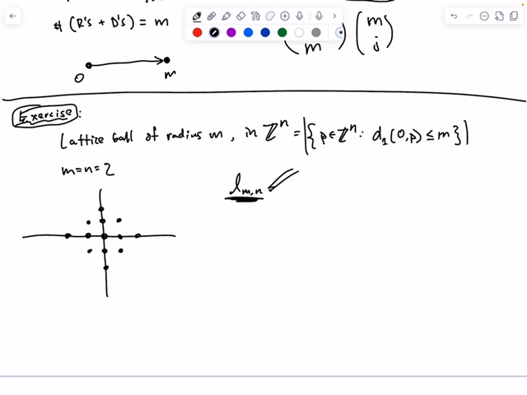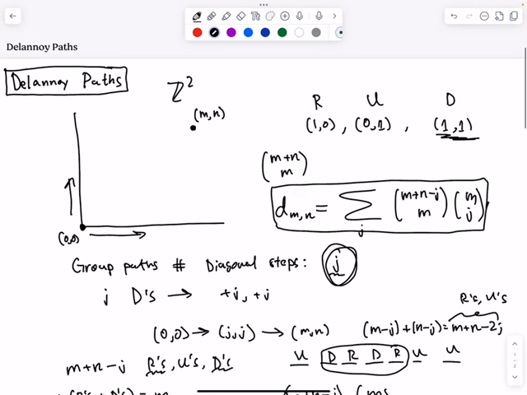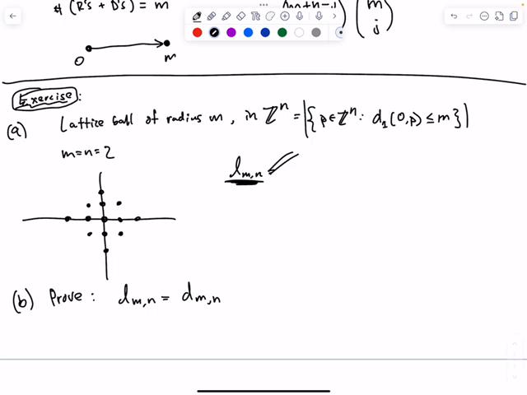Once you think you have a formula for that, there's a follow-up exercise. That's part A. Part B is to prove that L(m, n) is actually equal to D(m, n), the number of Delannoy paths. This fact might be pretty astonishing.